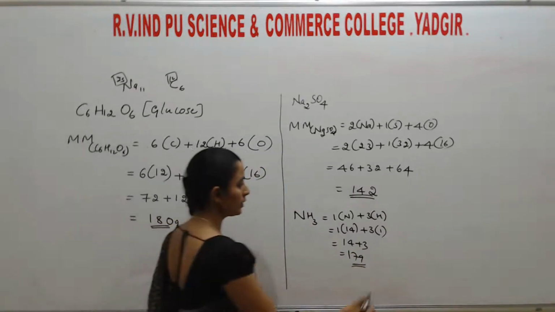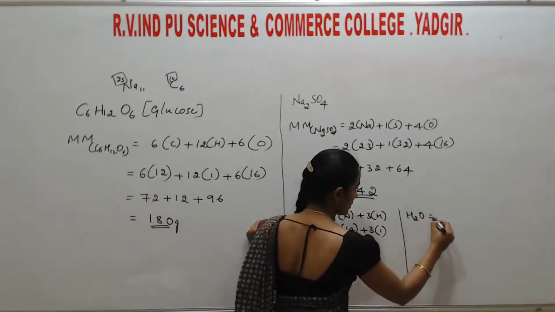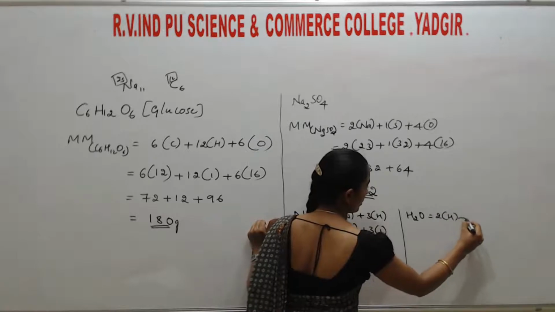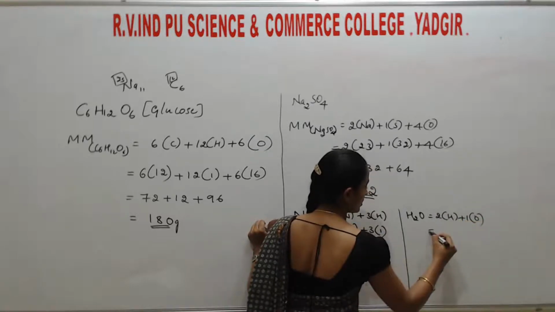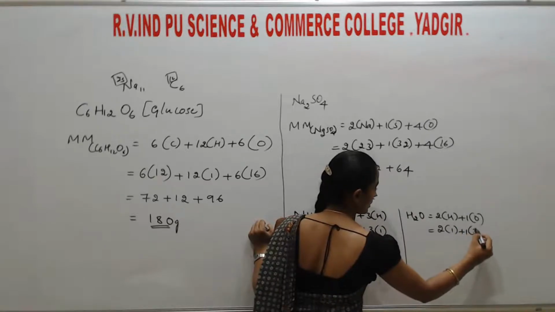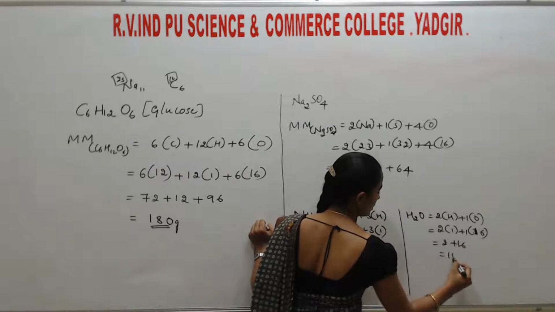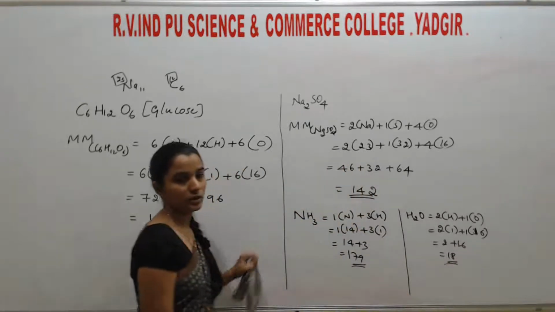You can calculate it for H2O also. That is 2 times hydrogen plus 1 times oxygen, 2 times 1 plus 1 times 16. So 2 plus 16 is equal to 18.